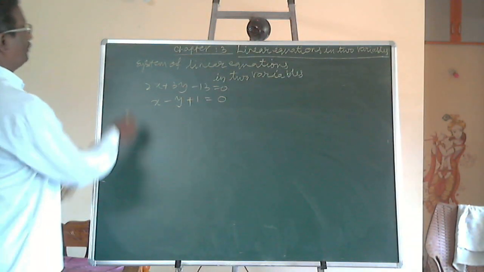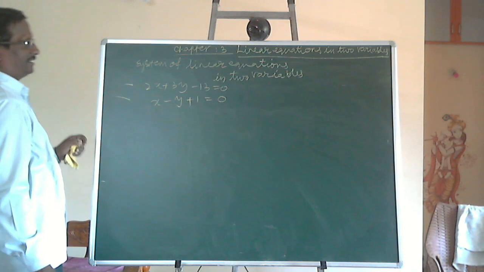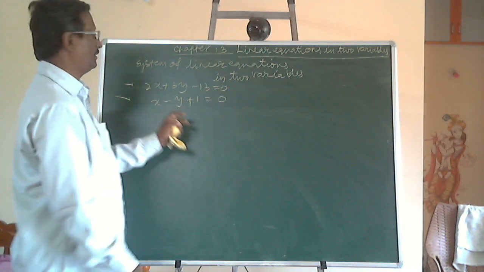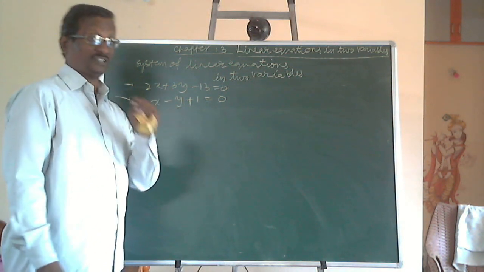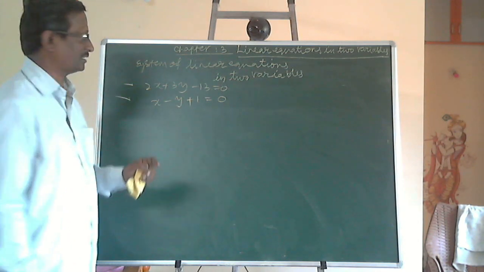Okay, there are two equations. Let us take the two equations on the graph. For that, we need three solutions for the first equation and three solutions for the second equation.